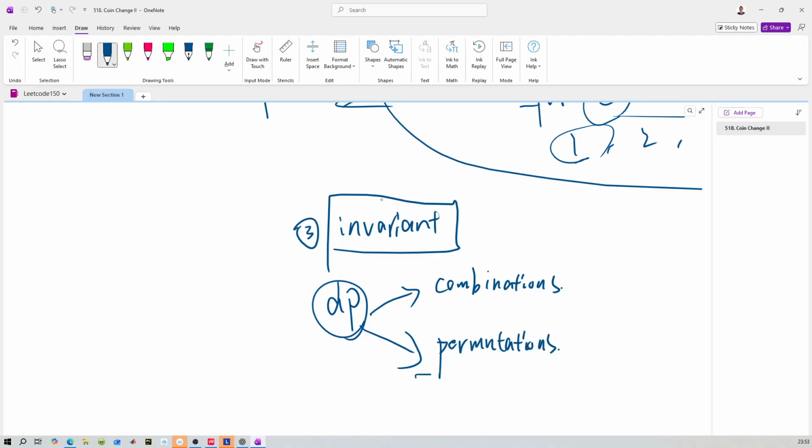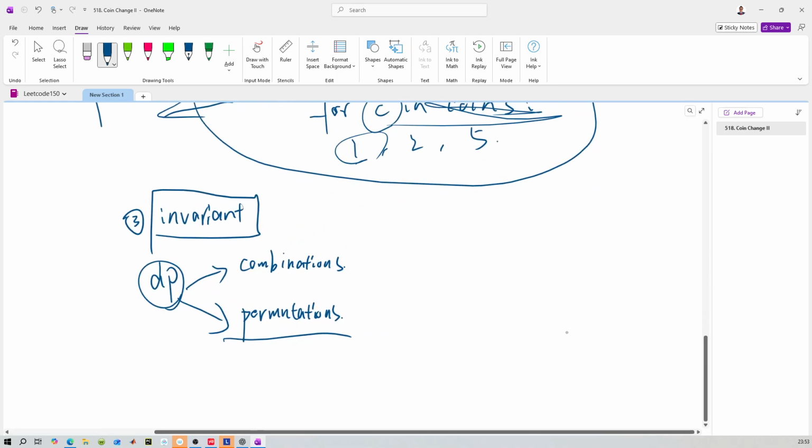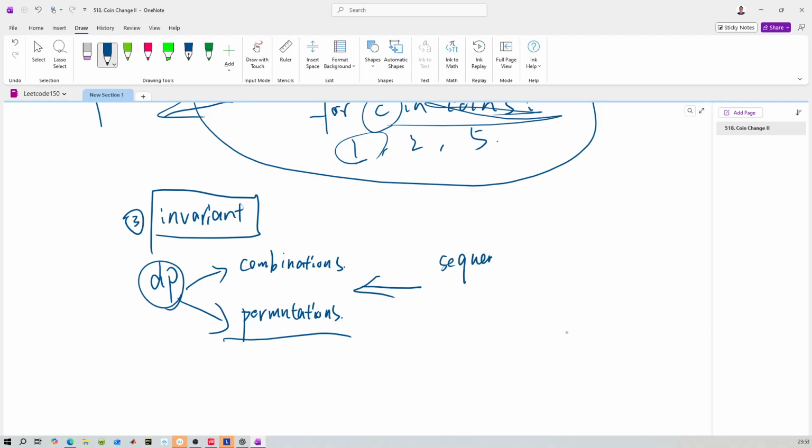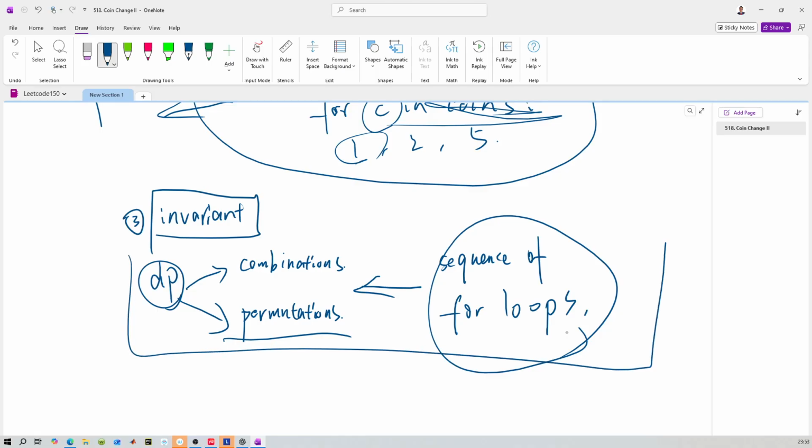And all of this is actually determined by the sequence of for loops. If you remember this, you will solve this problem next time. Thank you.